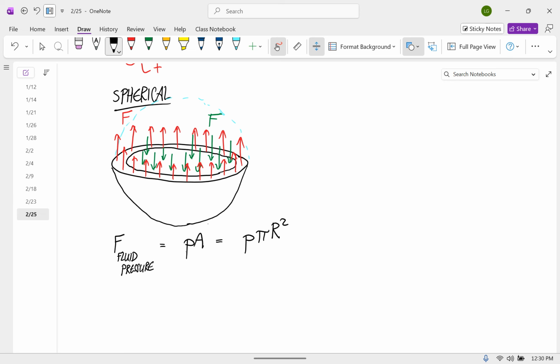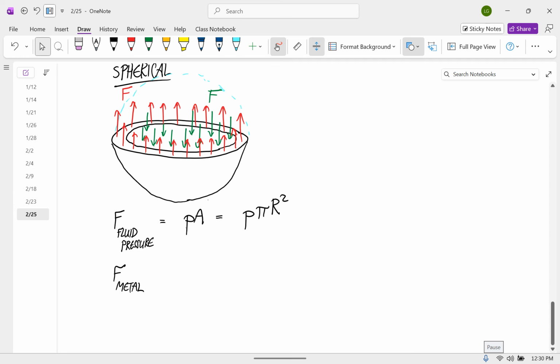But now the key thing is that the stress that the vessel itself is under comes from counteracting that fluid pressure force. And so the force from the metal has to equal this, so it's equal to P times pi r squared.